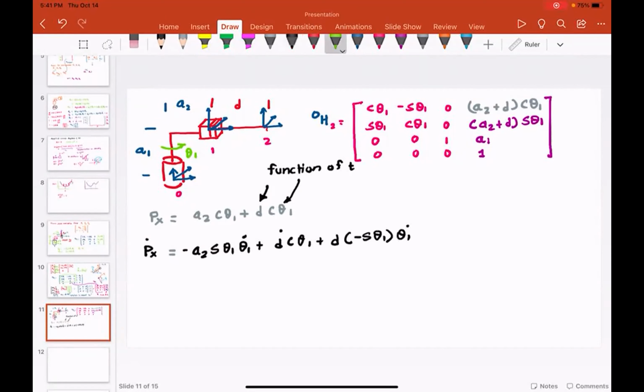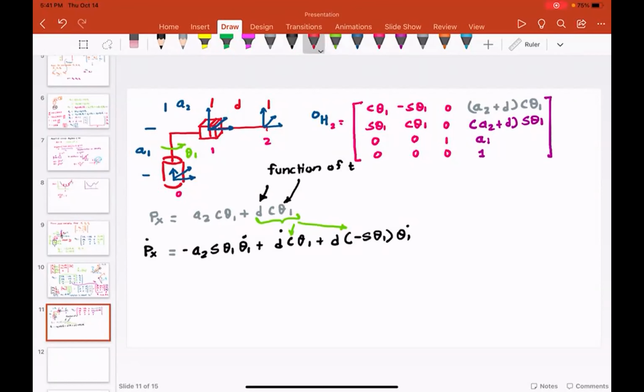Please note, there are two variables. That's why we got two terms. So the derivative of the first variable, the second variable is treated as constant. Derivative of the second variable, the first variable is treated as constant.